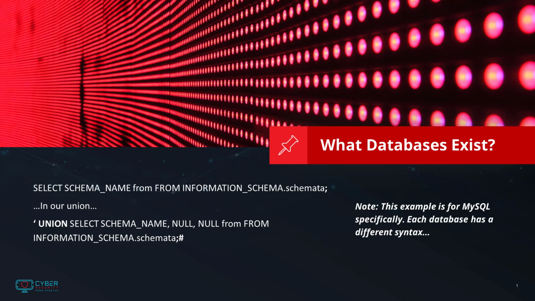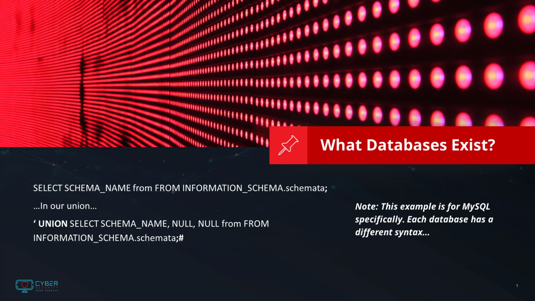So now that we have an ability to get data out of the database, we have to take a step back and figure out where exactly in the database that information might be. The first step is asking the database server how many databases it has and what those database names are, so we can start drilling down into those databases. In the case of MySQL, the way to do this is to use select schema_name from information_schema.schemata.